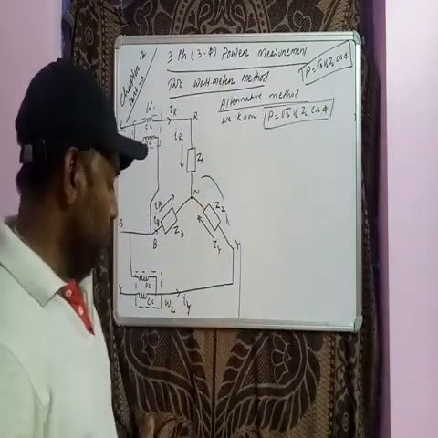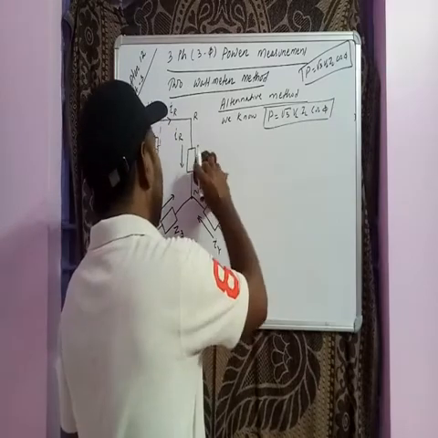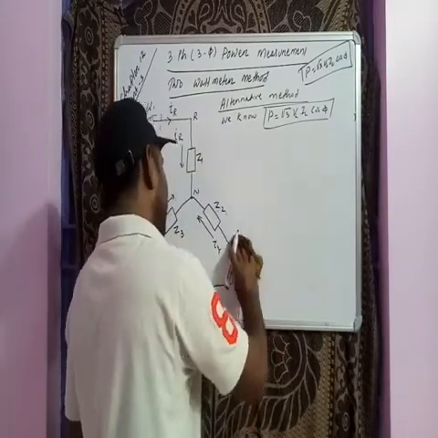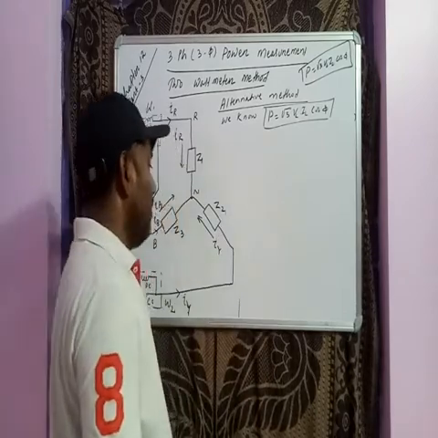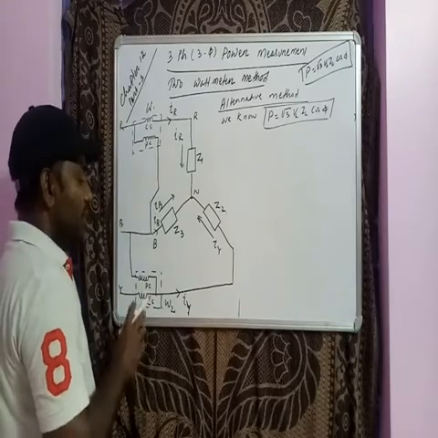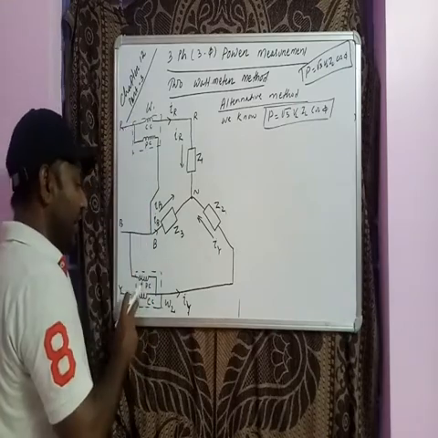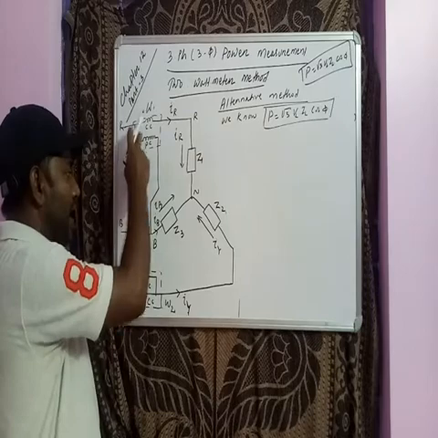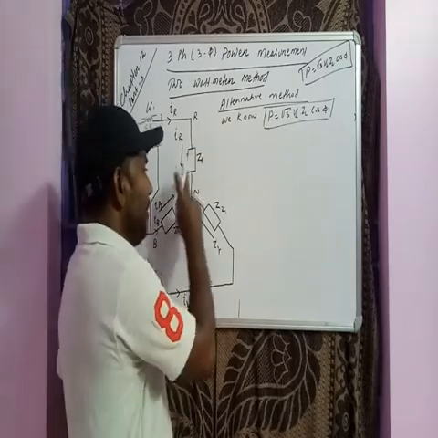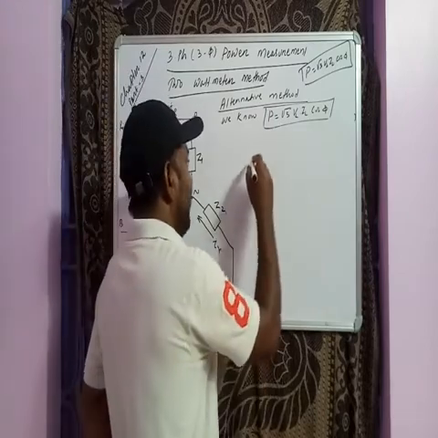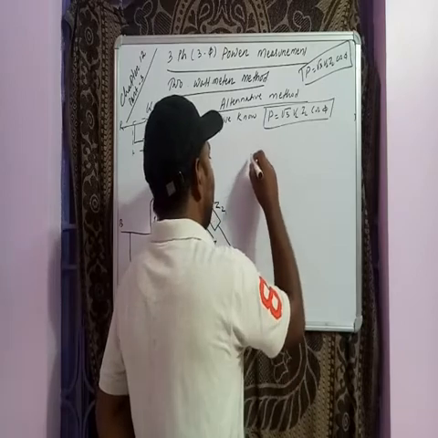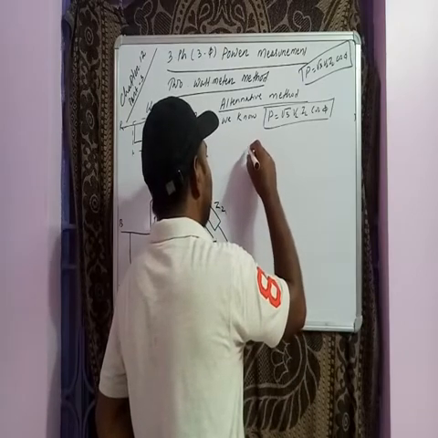So for that, what we have to do, our circuit diagram gives the connections of the wattmeter W1, W2. I have connected one at R, one at Y. You can connect also R with B, Y with B, with any two. So if we draw the phasor diagram, I am showing the phasor diagram here.